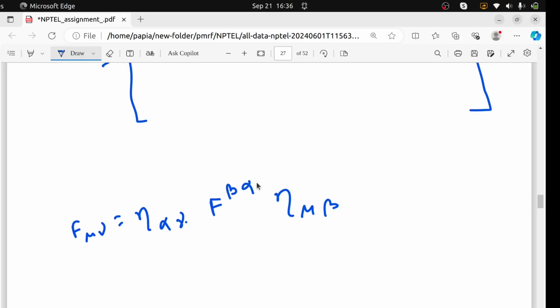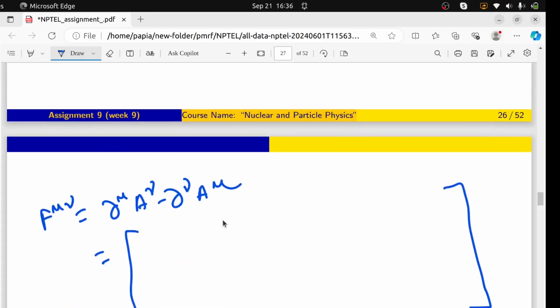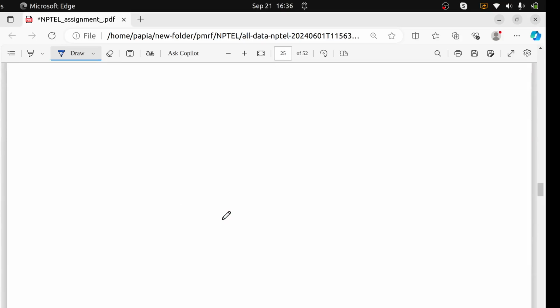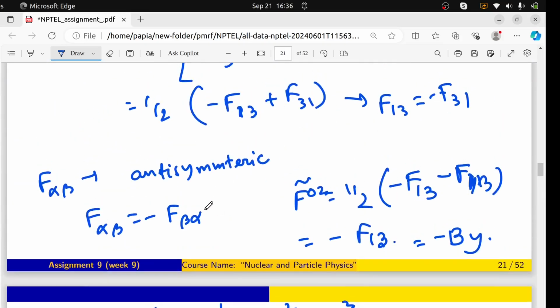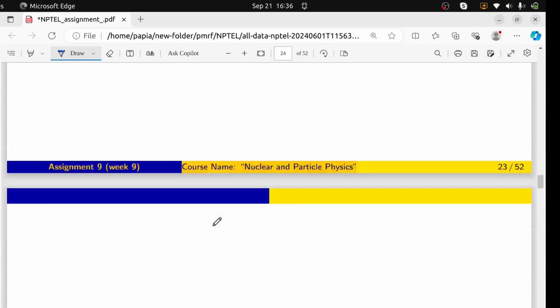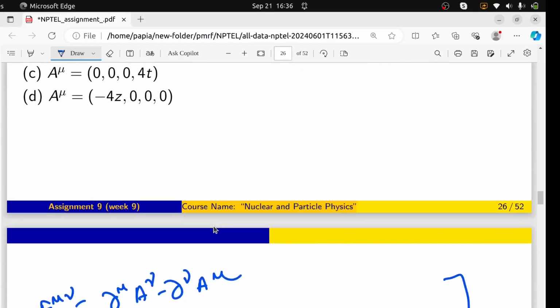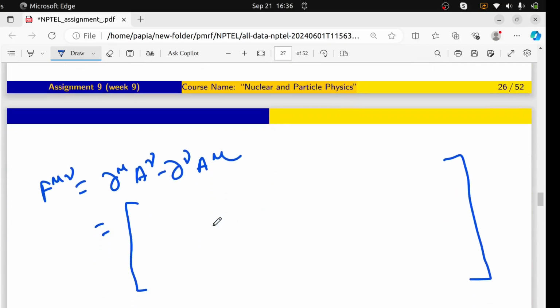So if superscript and subscript are related with this expression, then if I am getting this expression, F mu nu, we can obviously get F mu nu in the upper script as well. So the answer will be like 0, minus Ex by c, minus Ey by c, minus Ez by c.